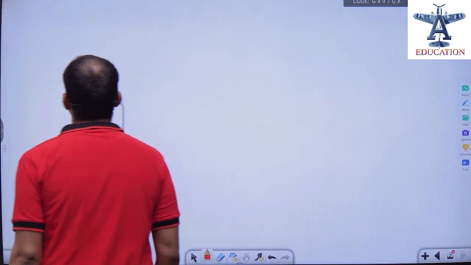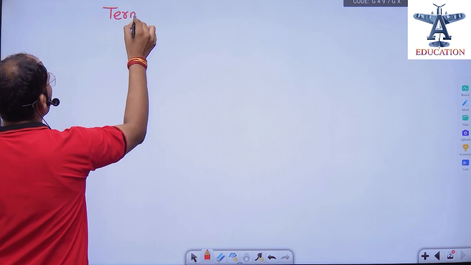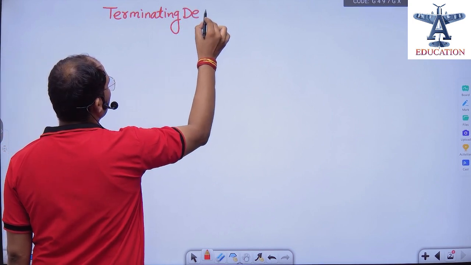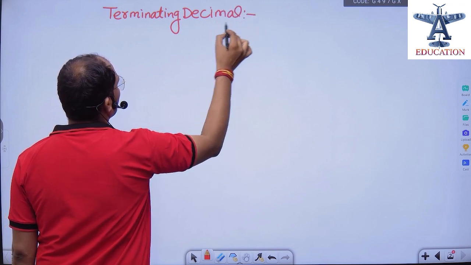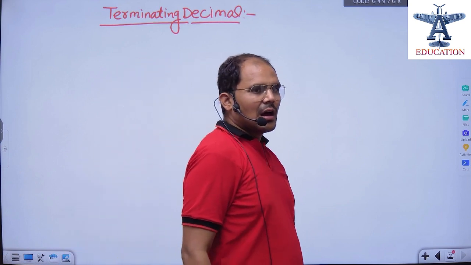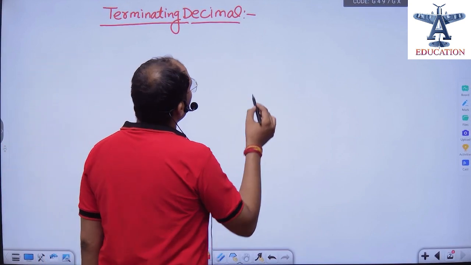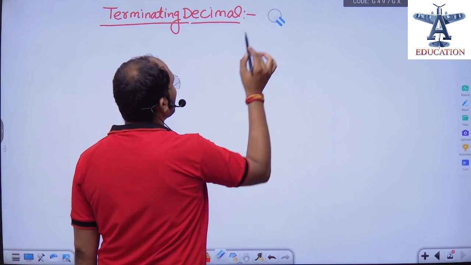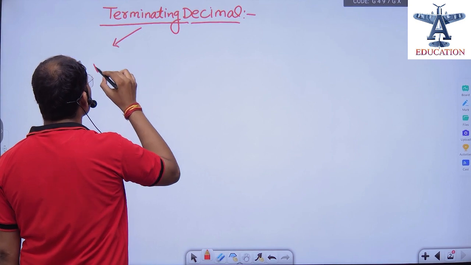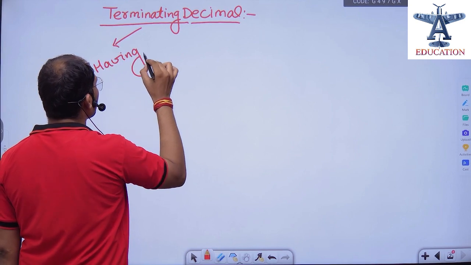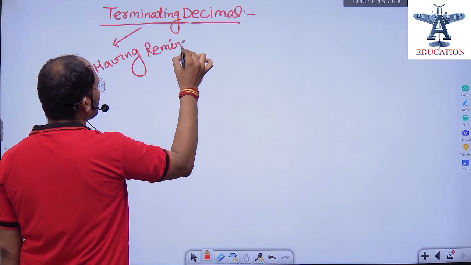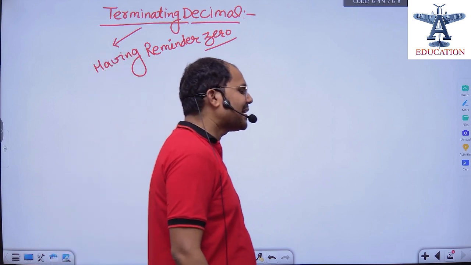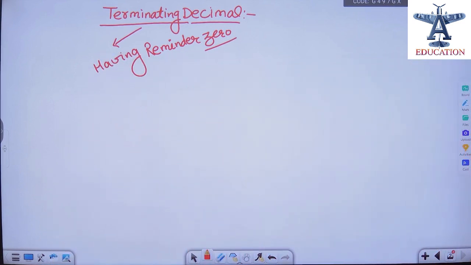Now, when we talk about terminating decimal, it means a decimal having remainder 0.